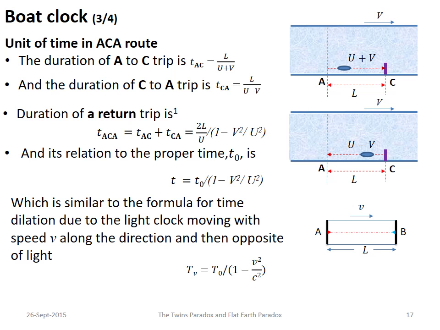The duration of a return trip then is 2L divided by u divided by 1 minus v squared divided by u squared. Its relation to the proper time t0 is t equals t0 divided by 1 minus v squared divided by u squared, which is similar to the formula for time dilation due to the light clock moving with speed v along the direction, and then opposite, of light.